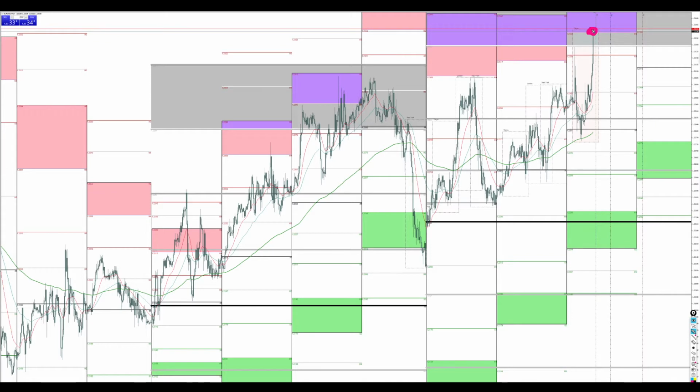So this is the overlap right here. All right, so we had bought here, and we bought here, right? Yeah, we bought those two. Okay, we bought here, and we bought here.